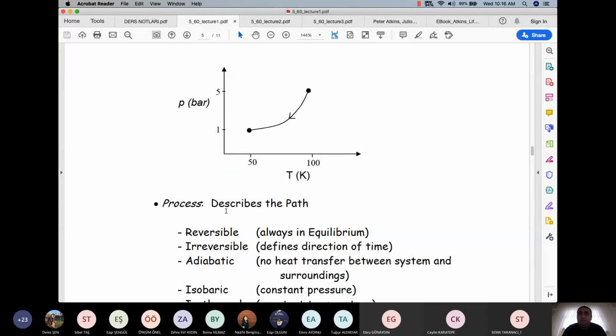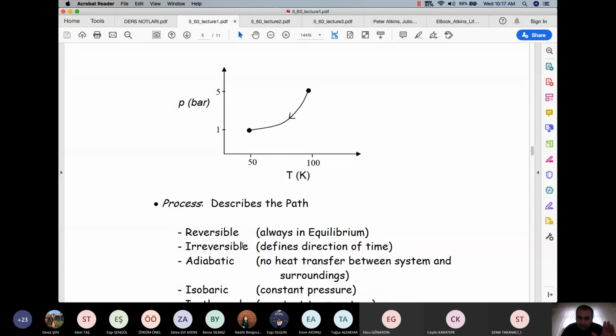If the process is reversible, it means that it is at equilibrium, and the work that you can do by this process is maximal. If it is irreversible, it is only one way, and when you want to bring the system back to its initial state, you have to apply a force to the system.